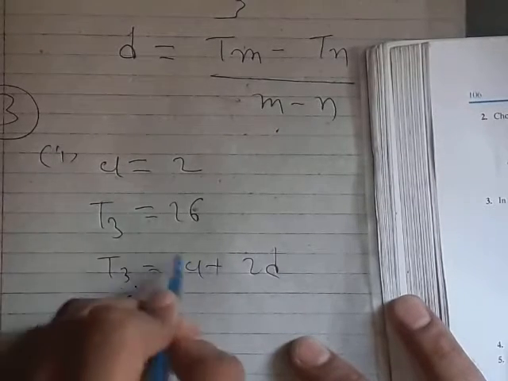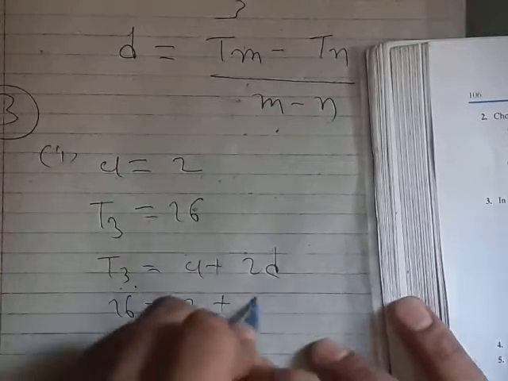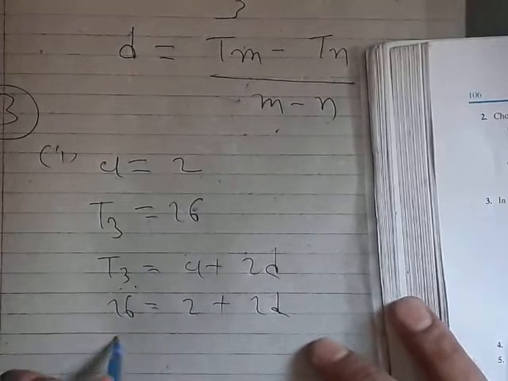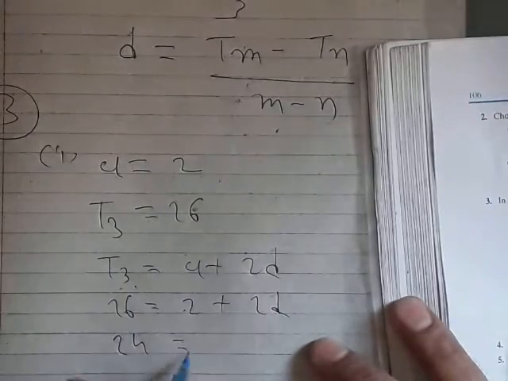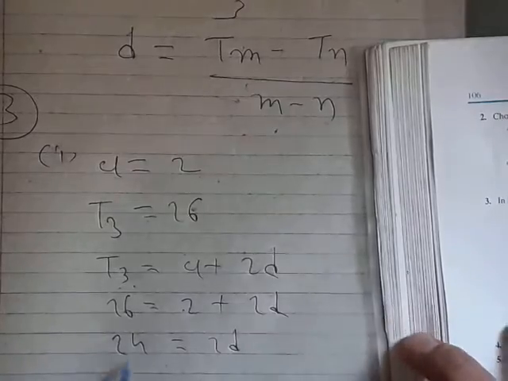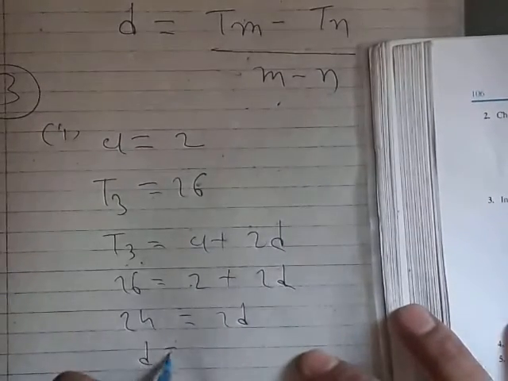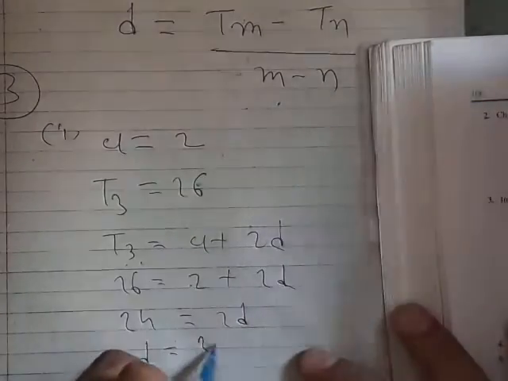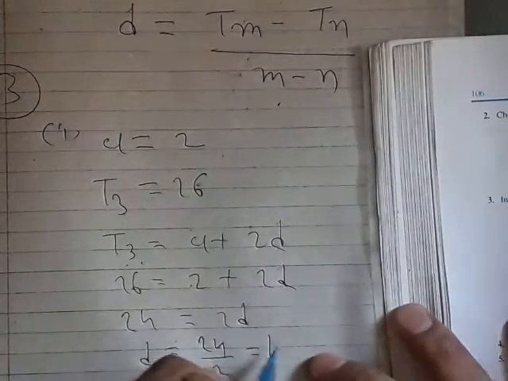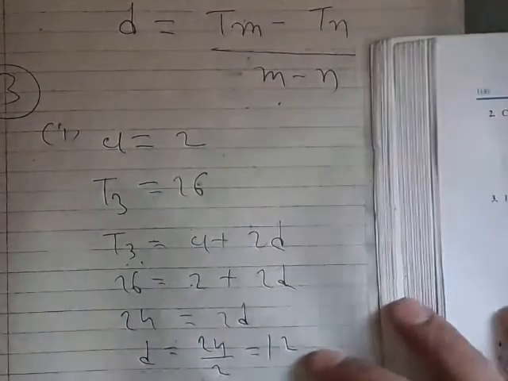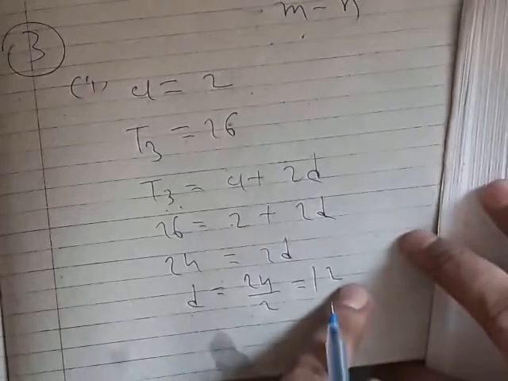T3 is 26, a is 2, plus 2d. Take this 2 here, plus 2 becomes minus 2, take this 2 into divide, 24 divided by 2 and you will have 12. That is how you can find the value of d as 12.